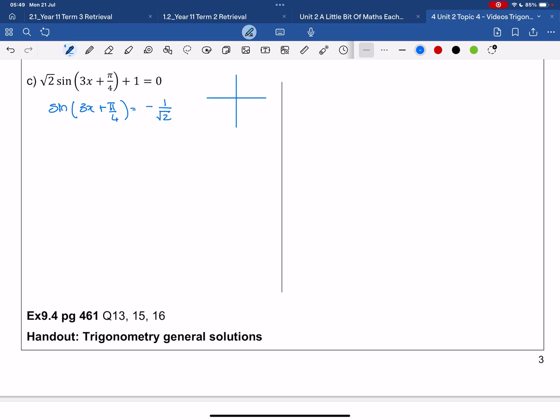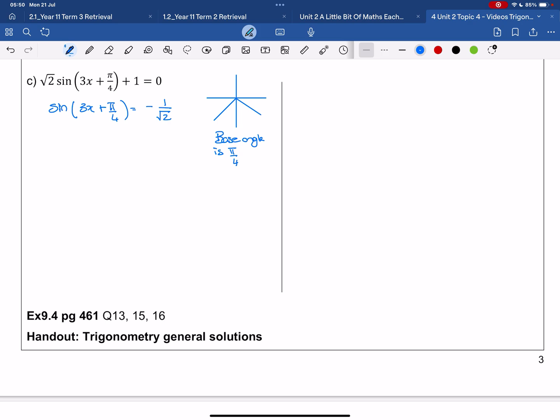And sine is negative, as we saw in the example above, in quadrants 3 and 4. And my base angle is going to be pi on 4. Okay, so this is the starting point for what we're doing here now.